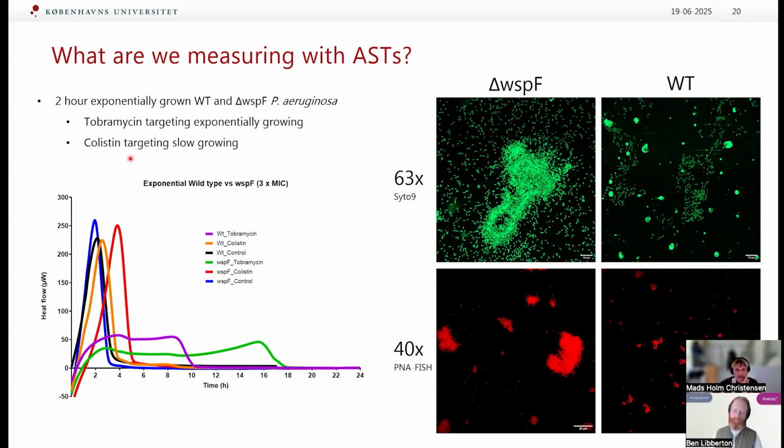Both the signals are baselined, and it actually ran over the weekend, and the signal doesn't pick up again after this. But I do see increased metabolic output by the mutant compared to the wild type, and I think that has to do with the production of biofilm and matrix components that is very energetically costly in the beginning. Yeah.